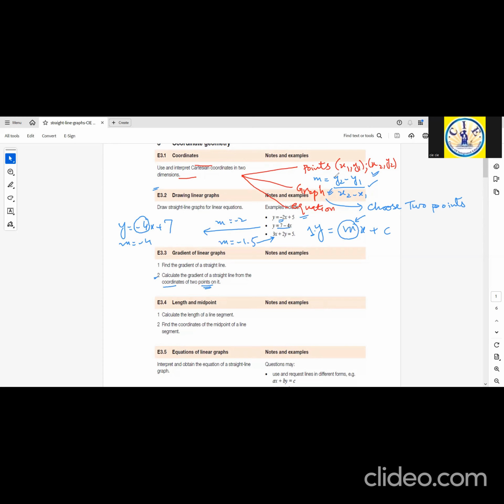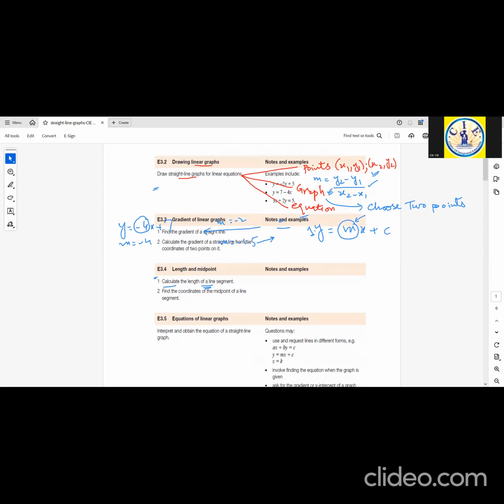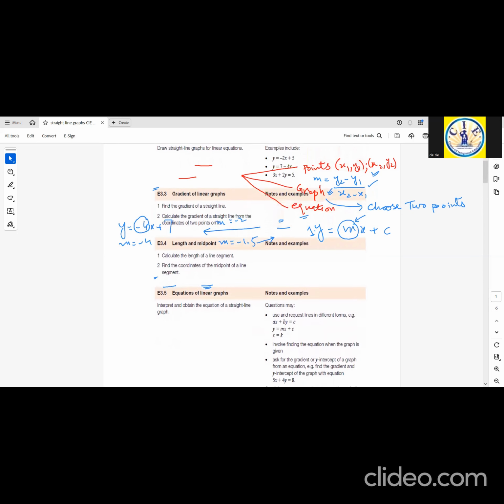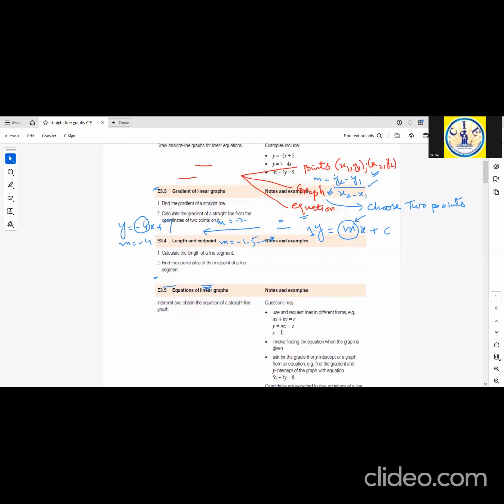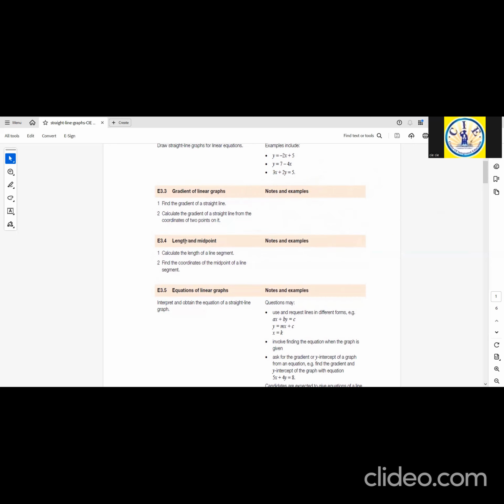Okay, then we need to see the next thing, that is calculating the length and midpoint.